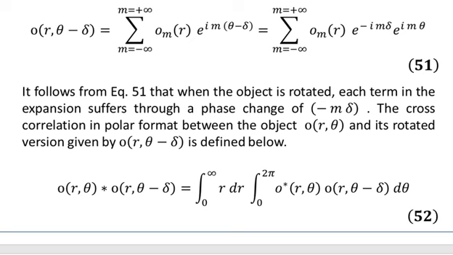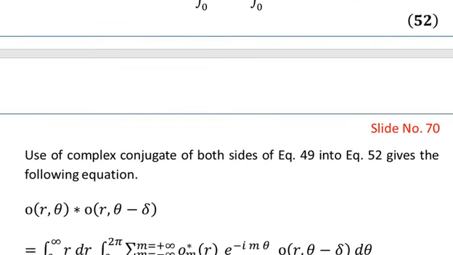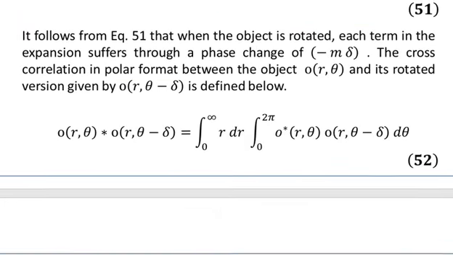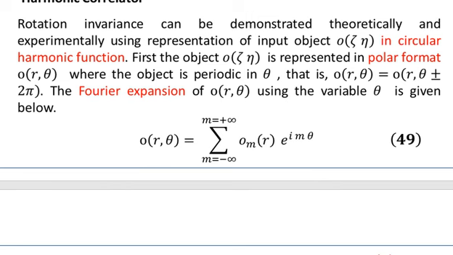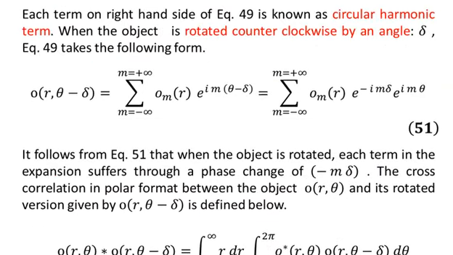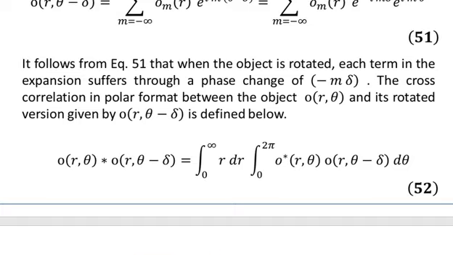So this is the autocorrelation, and this is what we want to measure, and we want to extract the information for the rotation of the object. Well, you know that here we have O star, that is the complex conjugate of O, which we are going to replace using equation number 49. So we shall take the complex conjugate of both sides of this equation, and then we shall plug in the right hand side of this equation into equation number 52.